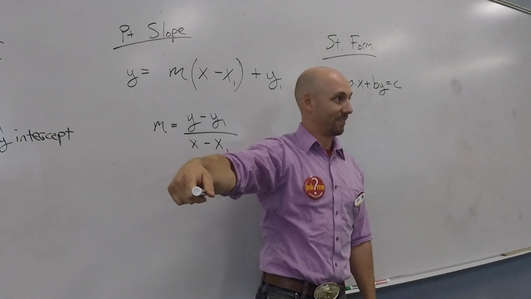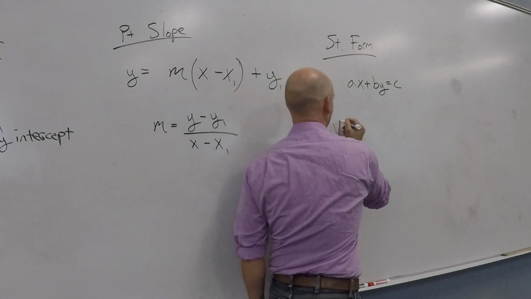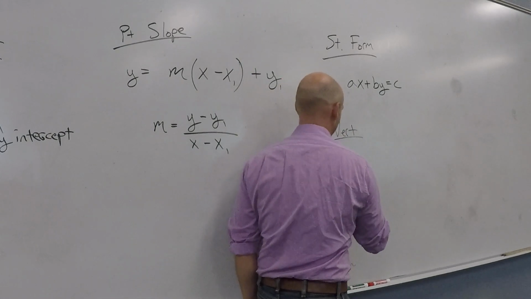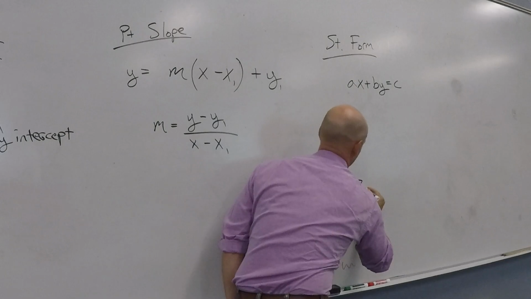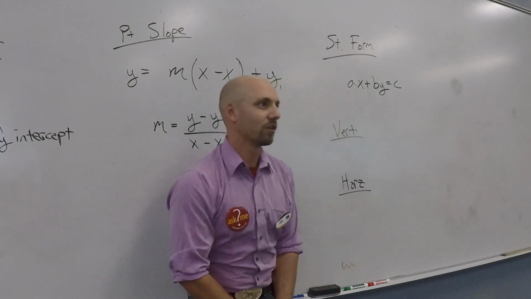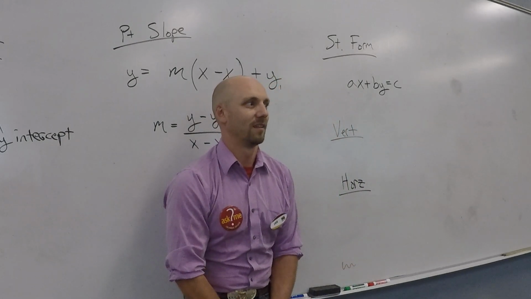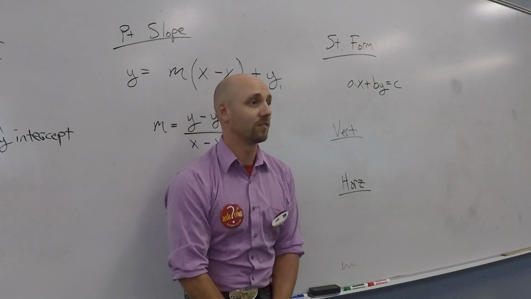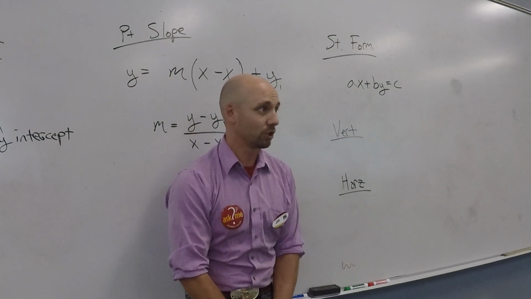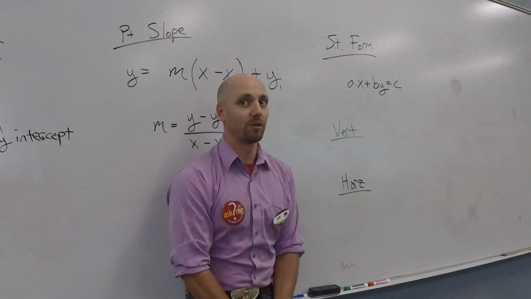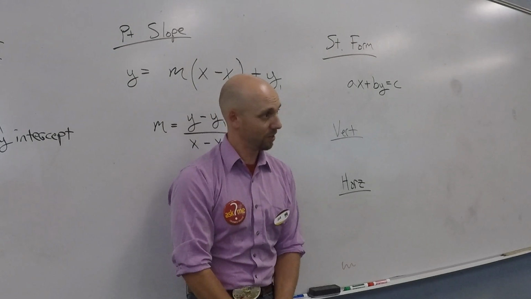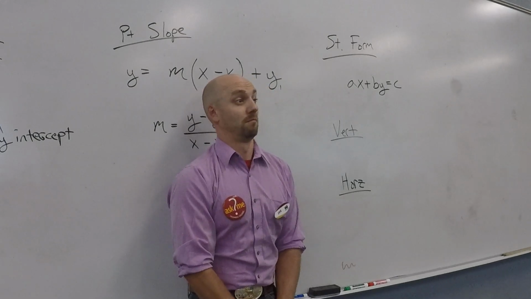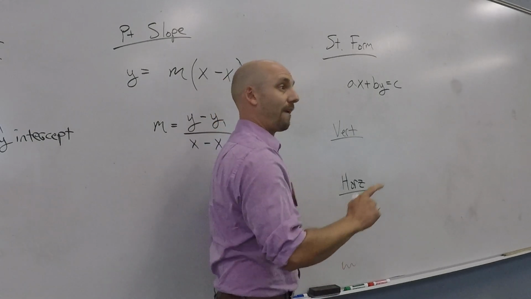So let me quickly throw vertical and horizontal in this business. What's a vertical line? It's got an undefined slope, right? It's not a function. But if I wanted to write an equation for a vertical line, x equals 0.